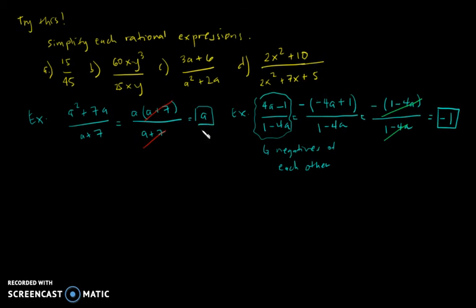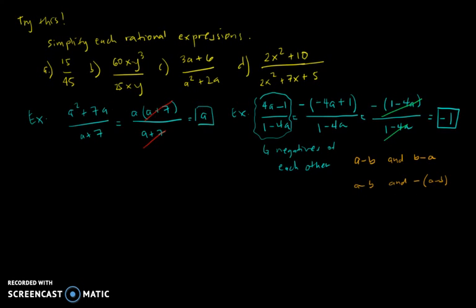Emphasizing this concept, if you have a minus b and b minus a, these are negatives of each other. We could write b minus a as negative a minus b. So they are negatives of each other, or each is an additive inverse of the other.